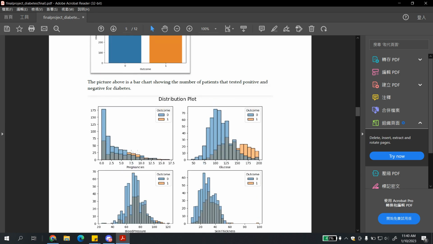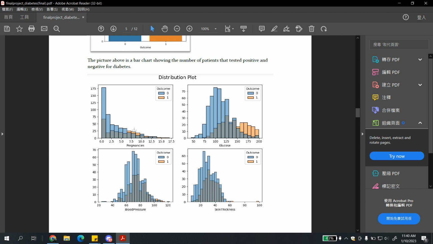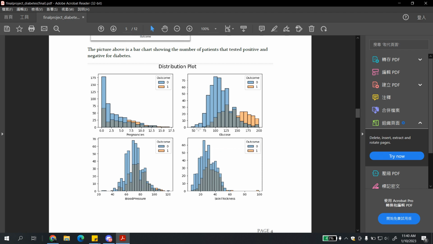Here we have pregnancies. There's not much correlation there, but actually there's a bit. The more pregnancies you have, the more likely you are to get diabetes, just by looking.